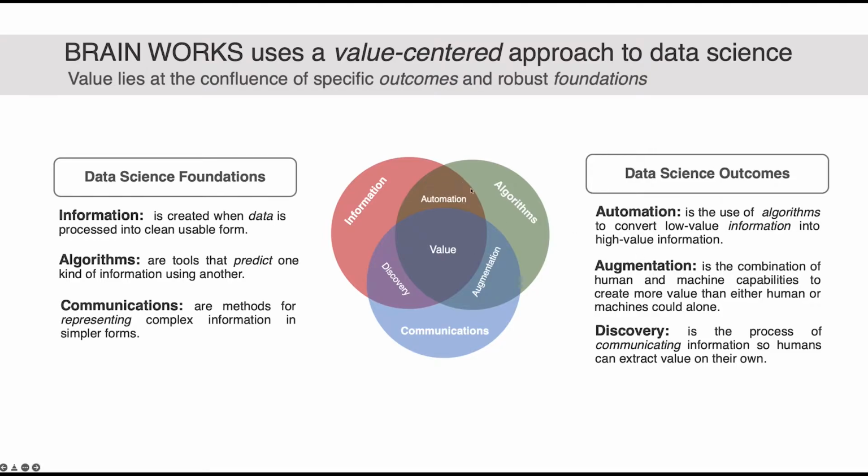So that's this intersection up here. And that's the use of algorithms to convert low-value information into some high-value information.